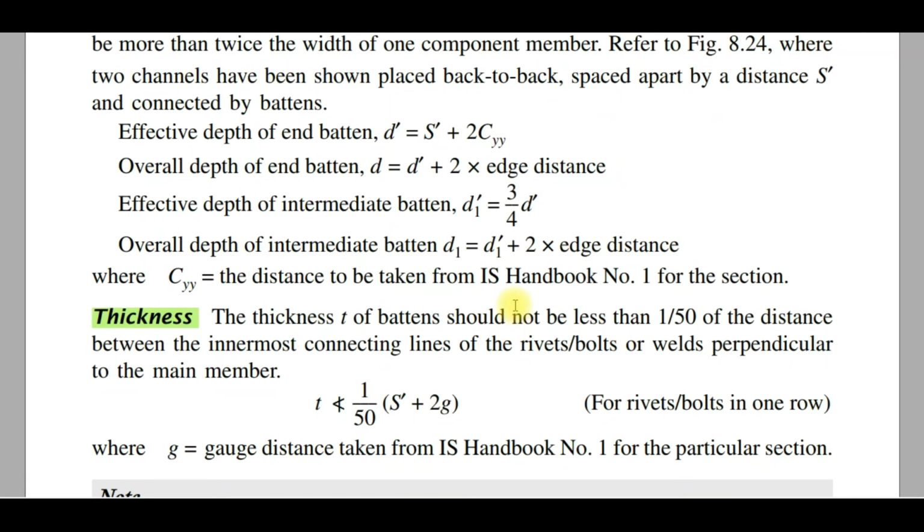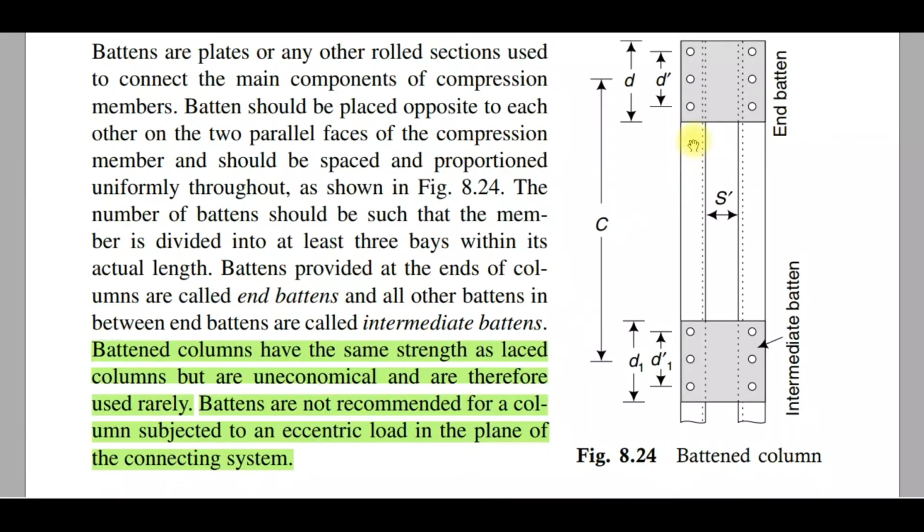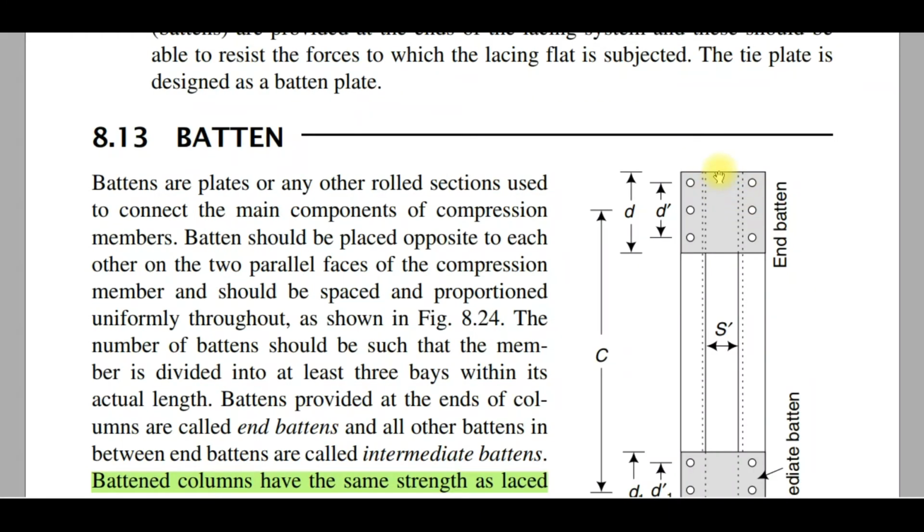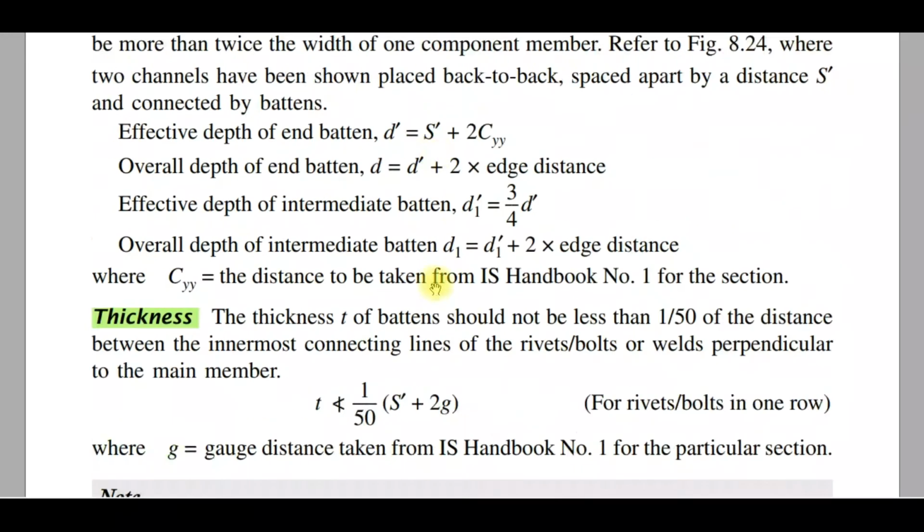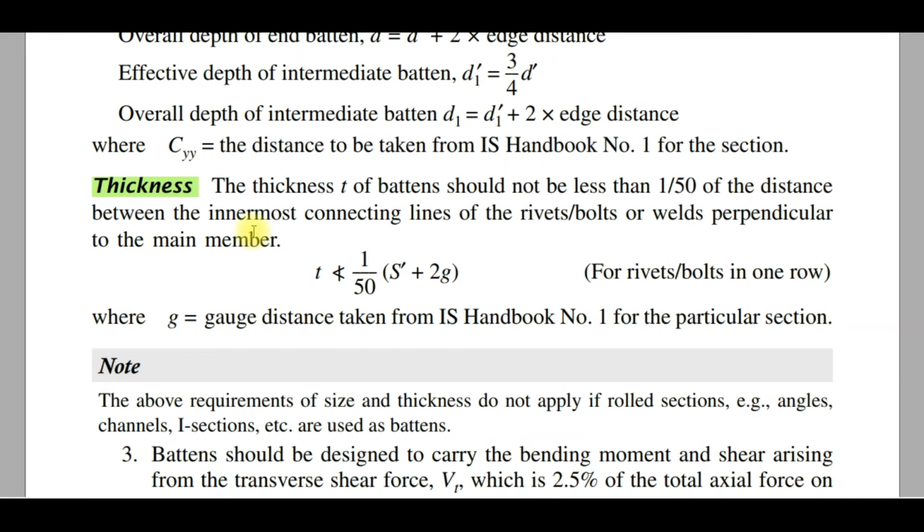Now another thing is important, you should select the thickness. What will be the thickness of this batten? That thickness is mentioned here. The thickness T of the batten should not be less than 1 by 50 of the distance between the innermost connecting lines of the rivet. So what will be the innermost connecting lines of the rivets?